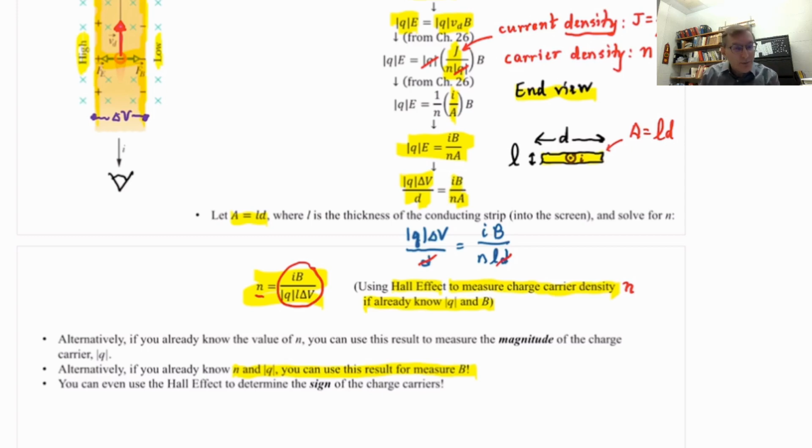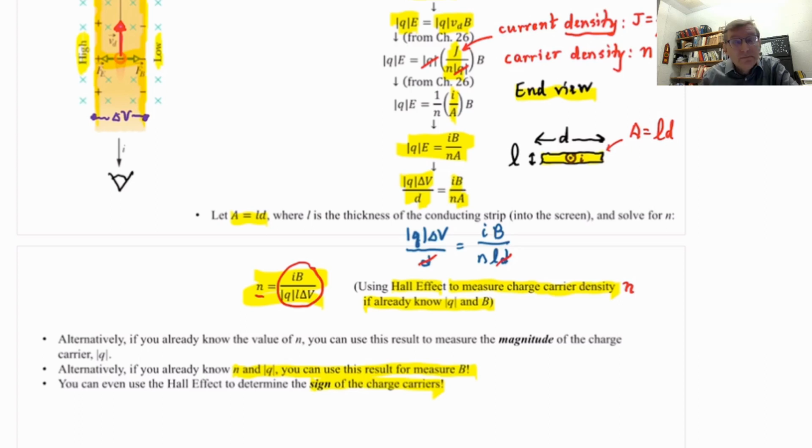And I want to show you one more thing you can get out of this. You can use the Hall effect to determine the sign of the charge carriers in the conductor. Remember I've said, and this is true in copper, that in most simple metals, the free charges, the charge carriers, are simply electrons, often called conduction electrons. But there can be situations, a little bit more complicated, and you would really need to take a class in solid-state physics before you would understand why, where the charge carriers are in essence positive charges.